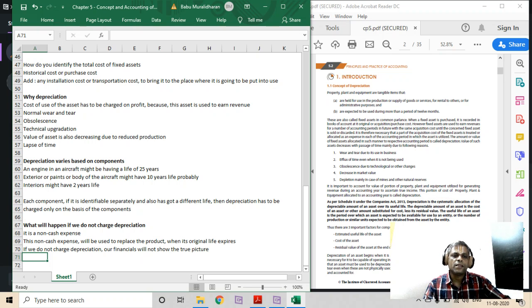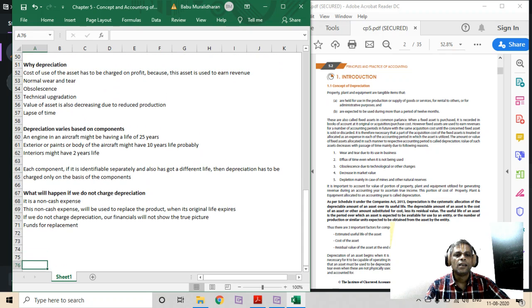And knowing there is normal wear and tear on the machinery, if there is no charge on the profit, then your financials will not show a true and fair view, right? And also, we require funds for replacement. That's what we saw earlier, right? Funds for replacement are required. Unless we charge depreciation, there will not be funds available for replacement of the depleted asset, right?